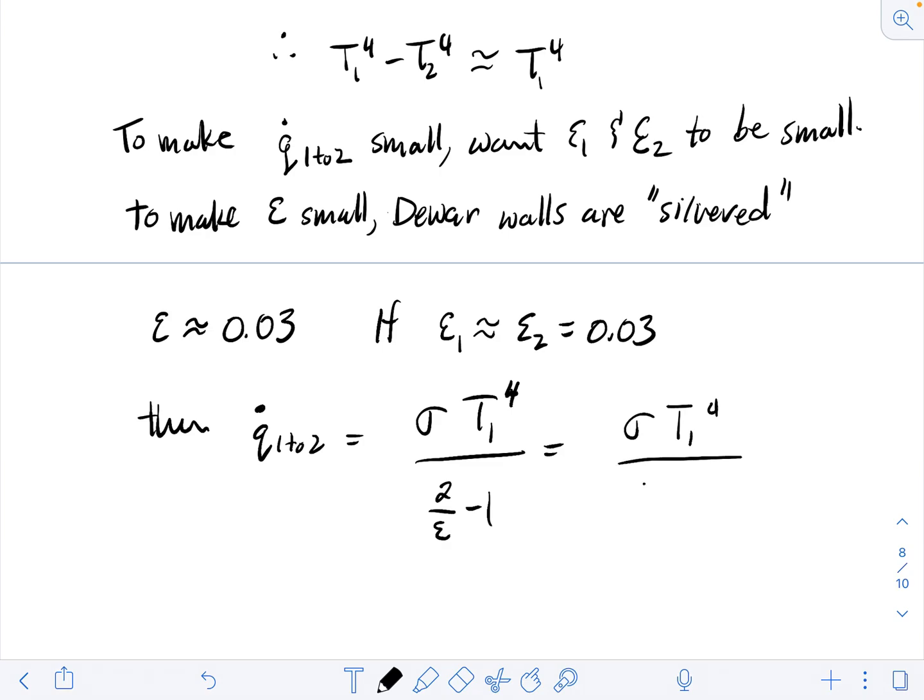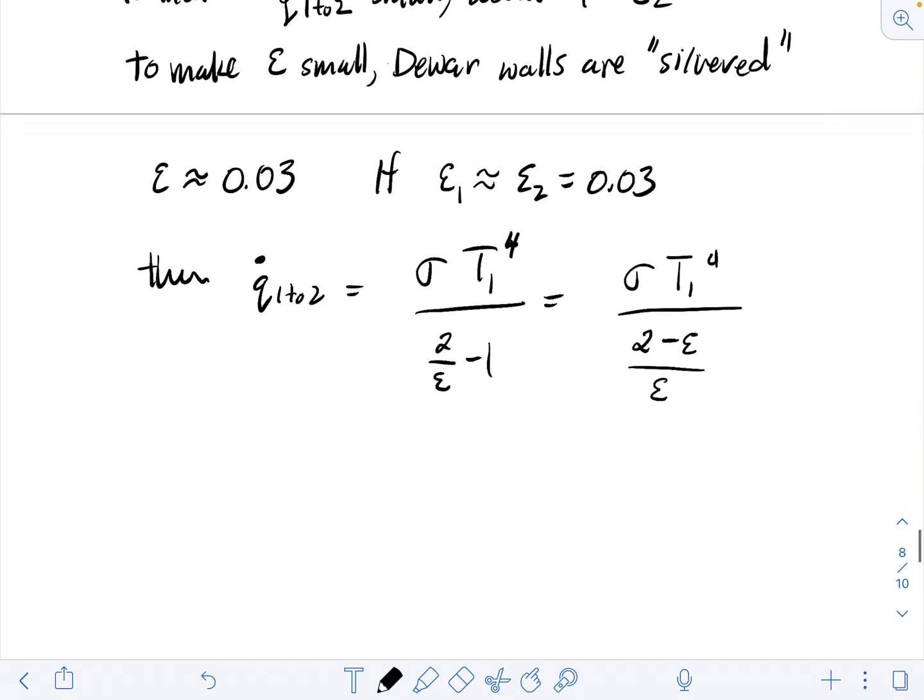And so that's sigma T1 to the fourth, and then it's (2 minus epsilon) over epsilon, which is epsilon sigma T1 to the fourth.